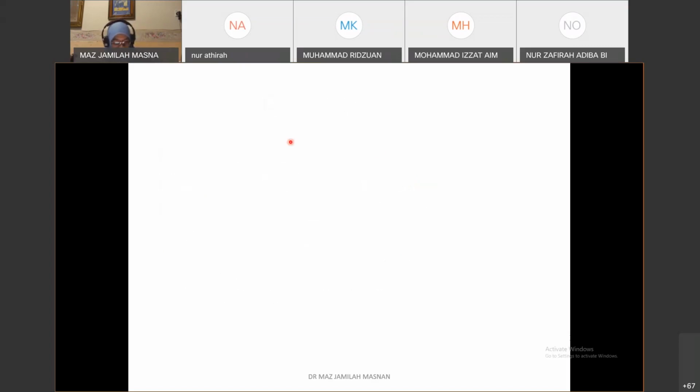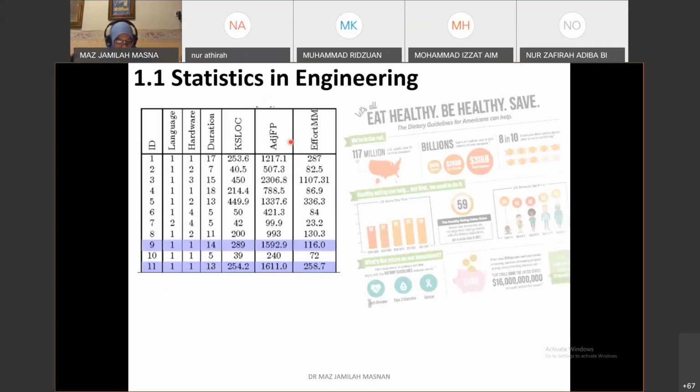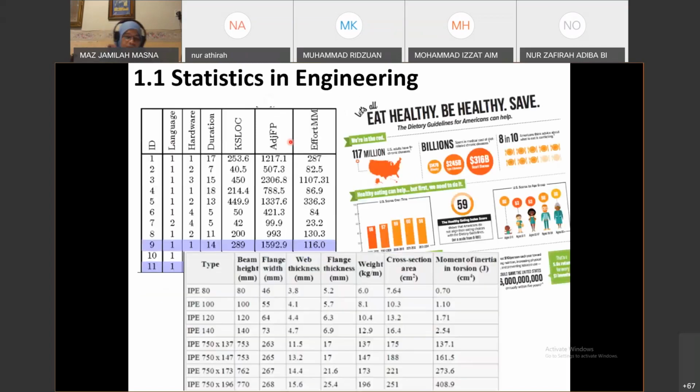Now, let's say you have... so for this semester, what we did is that for project 1, you will have secondary data. Meaning that you will be given a set of data for you to analyze. But previous semester, what we did is that we required students to collect their own data.